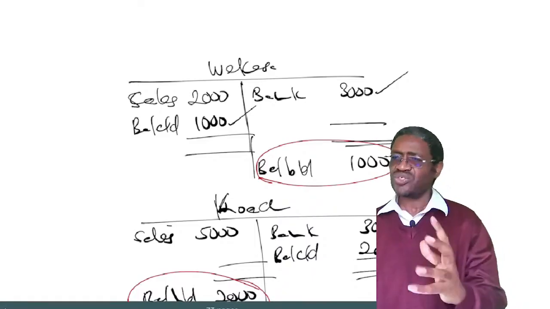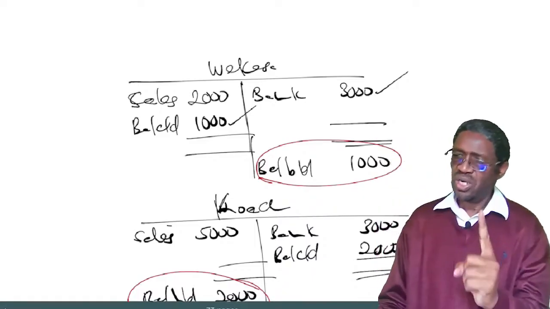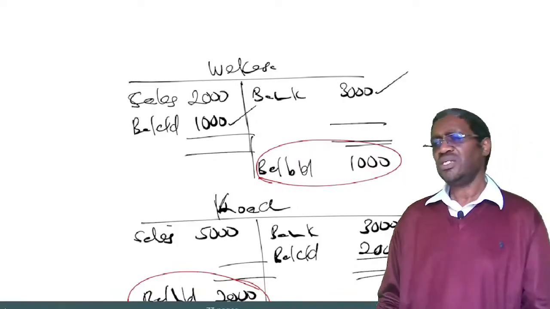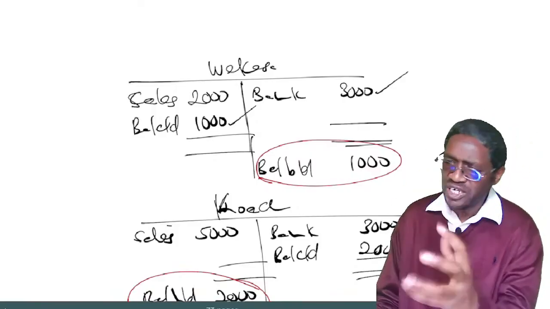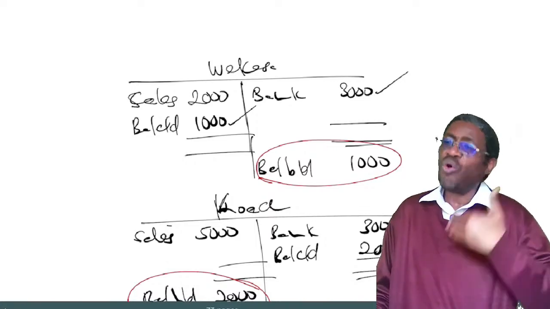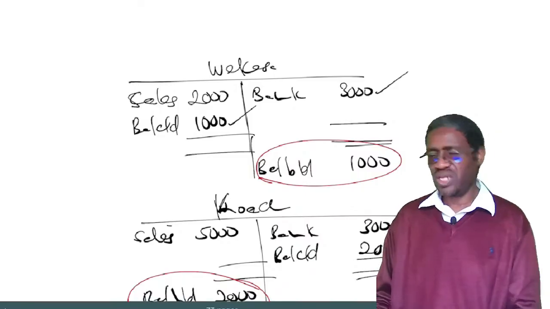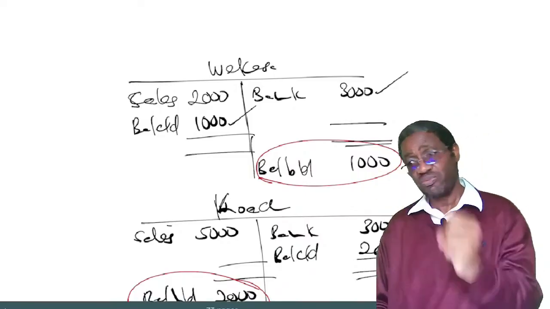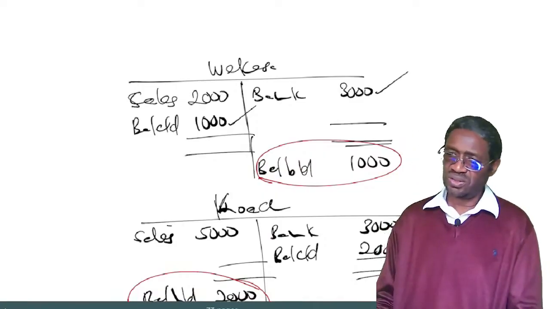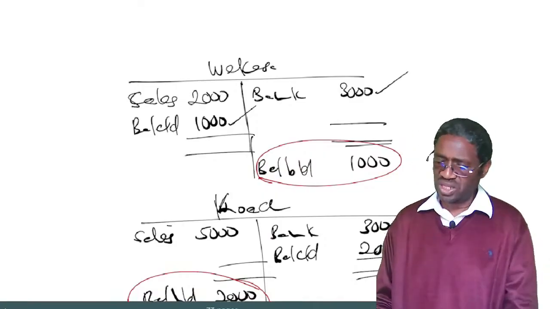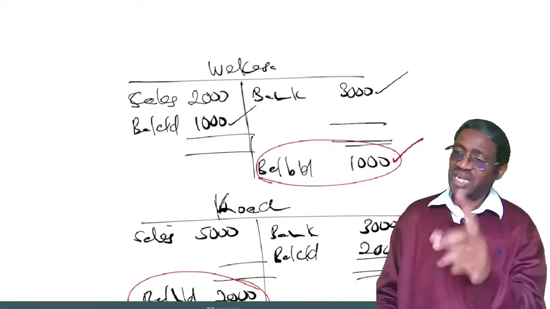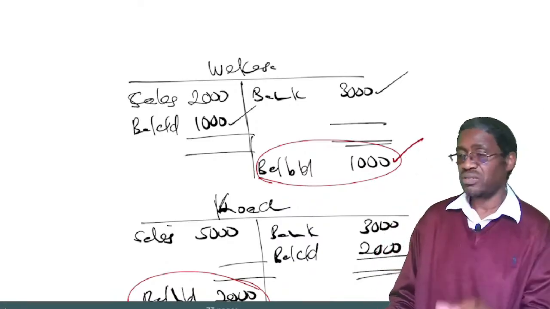Wekesa's account is not a debit balance. Wekesa's account is a credit balance. Meaning, if he overpaid you, then you as a company owe them that 1,000. You don't demand from them. Instead, you owe them that 1,000. When you owe them that 1,000, that becomes a liability. And a liability is always a credit balance.